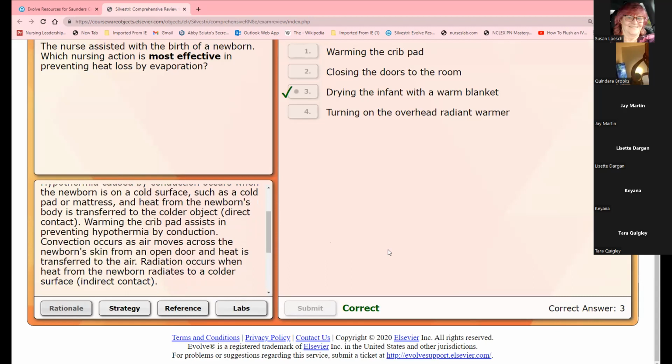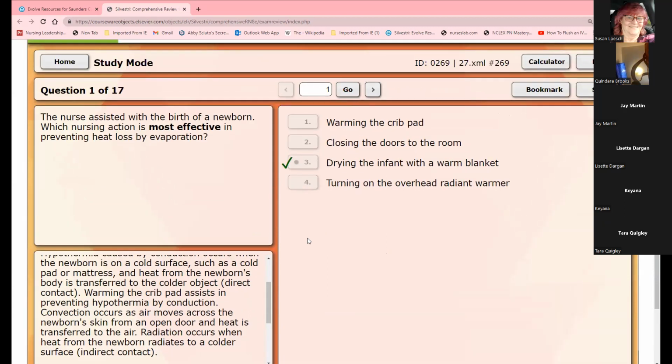So anything in there that could have helped you that you didn't know previously, use it. This is your Saunders book, by the way. And you can't just go in under content. You've got to go in under health problems to get to some of these questions.